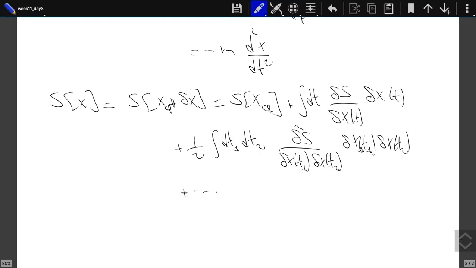By the way, if you just take these terms only, this is just a harmonic approximation. Also, this derivative you are evaluating at x equal to x classical. And the classical path is defined in a way that this is the definition of the classical path.